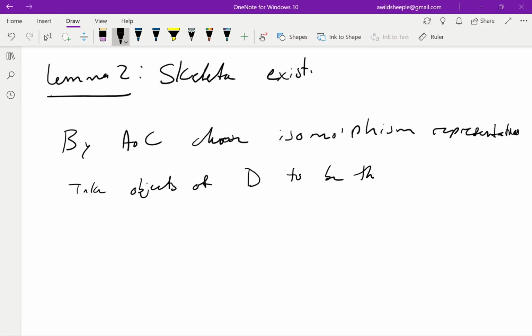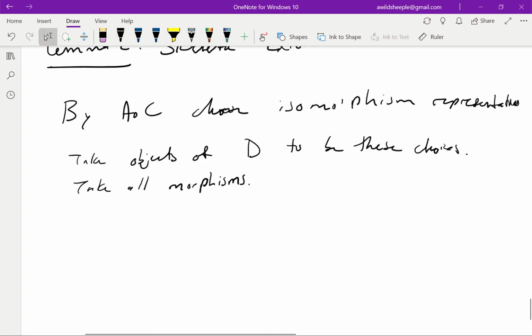And then for the morphisms, we just take all of them. So this constructs the category. All we have to do now is see that this actually meets all the requirements of the definition. And this is not very difficult, but we'll do it.